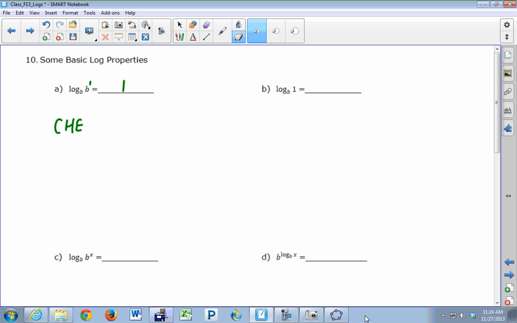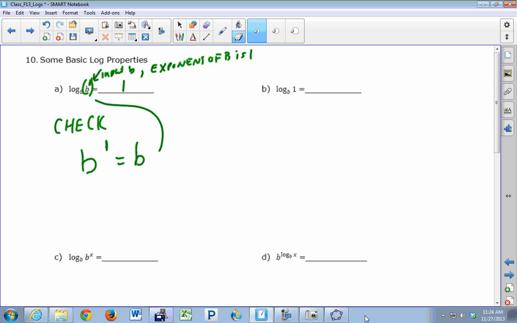No, it's getting raised to the first power. This is what's the input. The input is B. Its exponent, the exponent of B, is 1. And you check it by saying B to the exponent. The answer of the log has got to bring you right back to what you input.